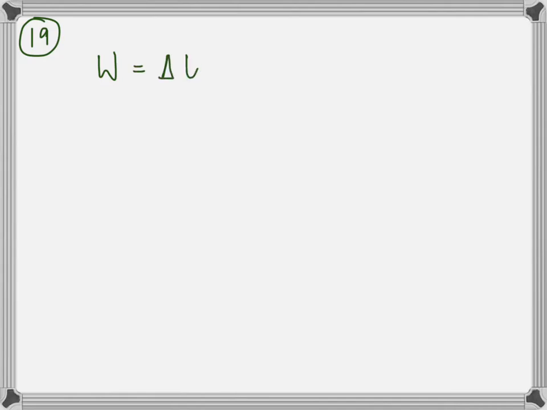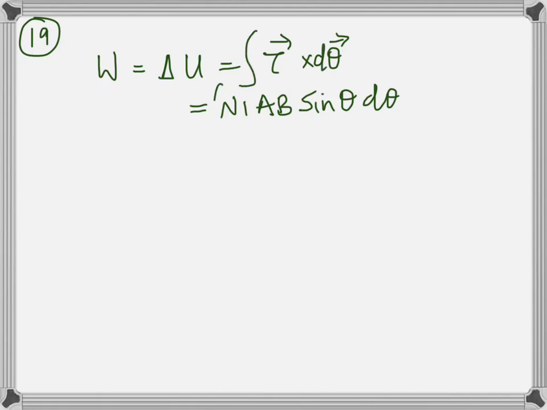19. You know, the loop is flipped around by 180 degrees. So find the work done, which will be the change in potential energy, and work done is given by integral tau d theta, and tau is the torque, which is NIAB sine theta, so NIAB sine theta d theta.